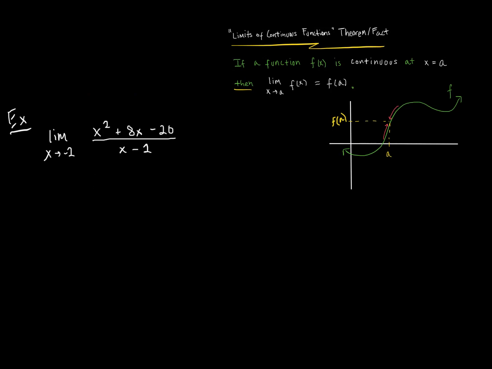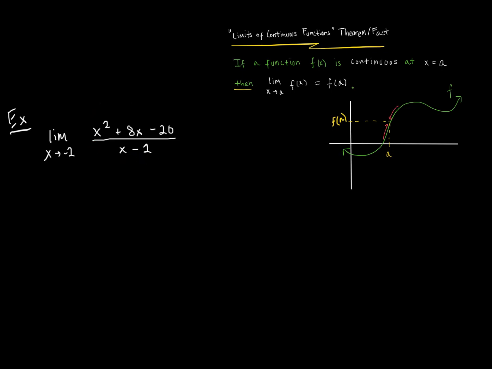All right, so if we want to take advantage of this, right, we need this function, f of x here, to be continuous at the value that we're trying to approach, right? We need it to be a nice, smooth, easy to draw curve when we're approaching -2. And so our first task is to just identify what type of a function this is and see if it's going to be continuous.